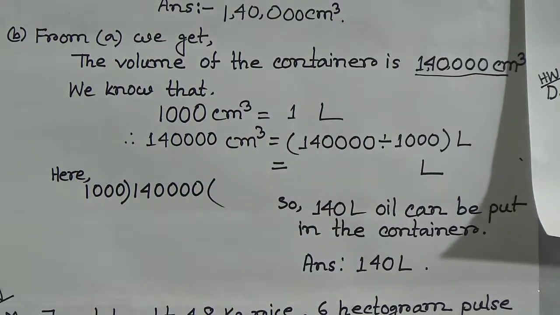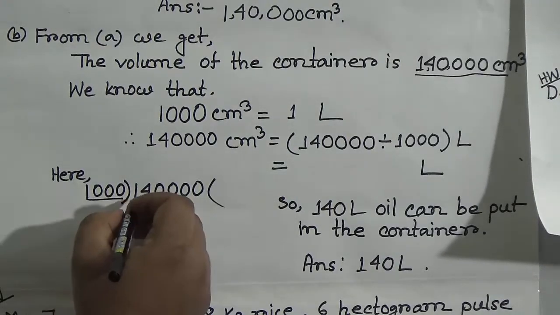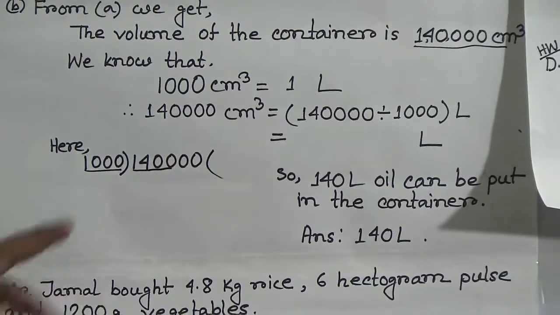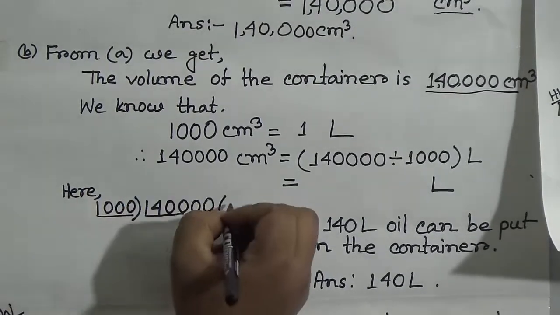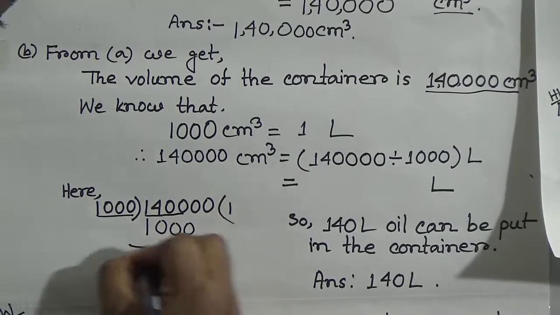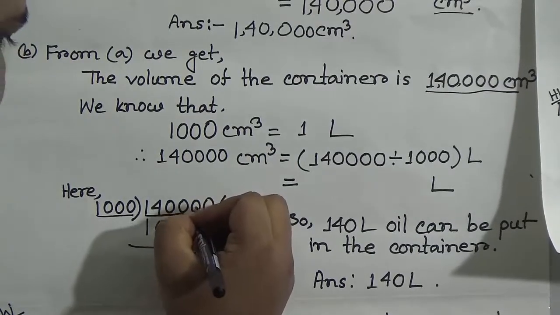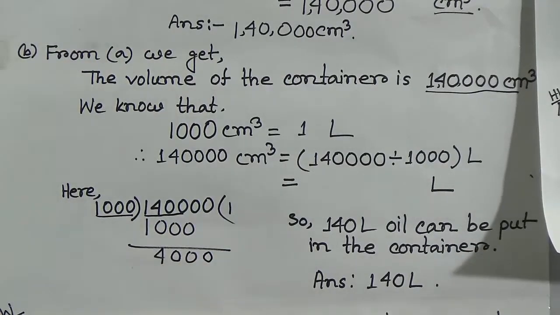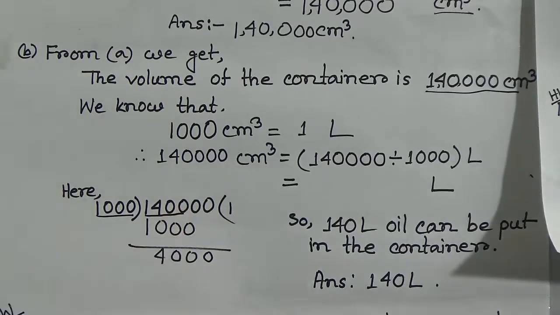Here is the division process, that means 1000 and here is 1,40,000. So at first we take 1400. In 1400, 1000 goes in 1 time. Then 1000 ones are 1000. If we subtract, then we get 400 and the zeros are here.